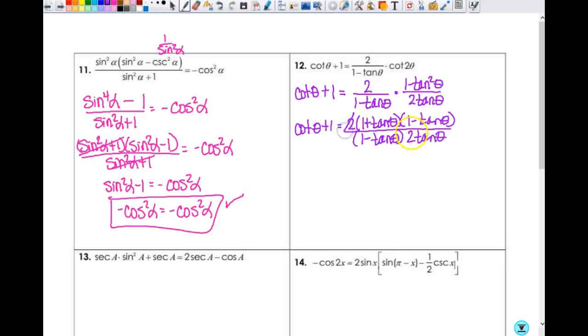So these 2's cancel out right here. This cancels out with this. So I'm going to rewrite what I have. I have cotangent of theta plus 1 equals 1 plus tangent theta over tangent theta.